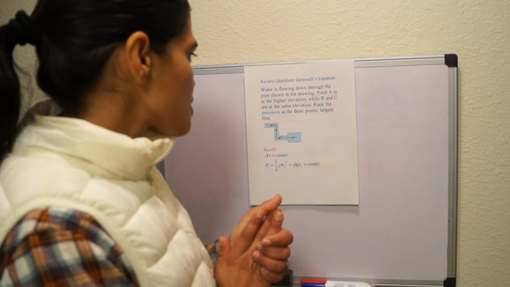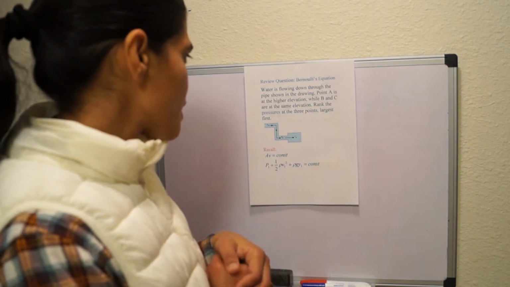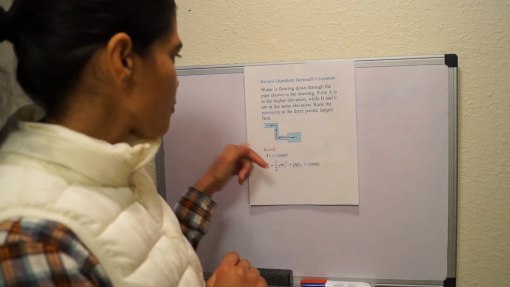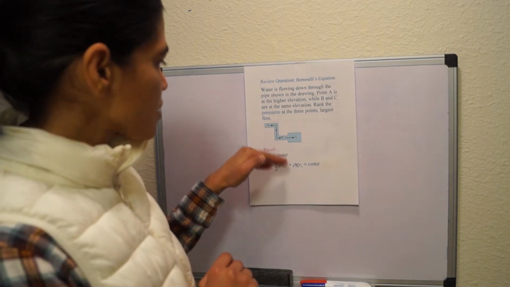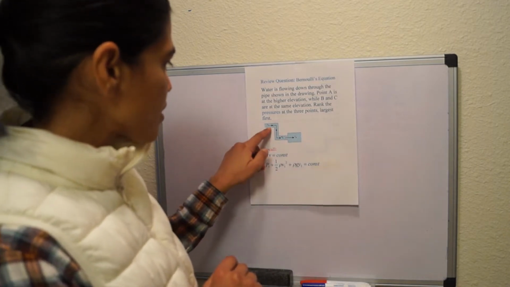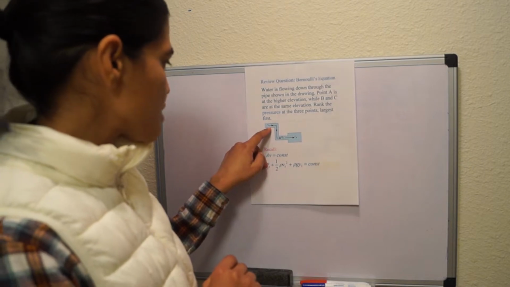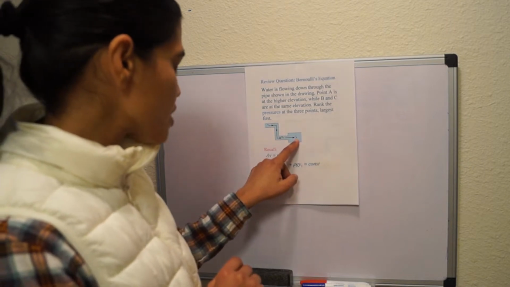Review questions: we also looked at this diagram here. The water was flowing through this tube, and this tube has a different diameter and is also at a different height. So there are three different points. Point A is here, point B is here, point C is here.